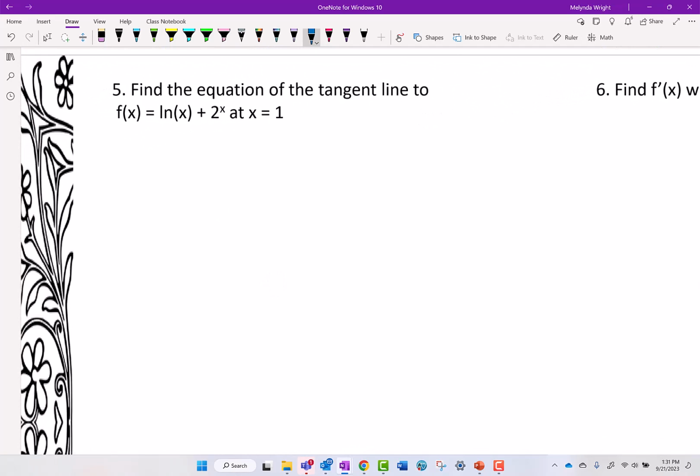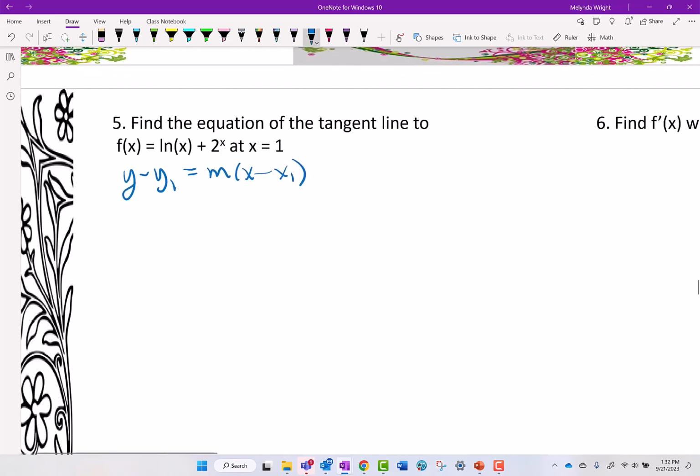So here we go. We're going to find the equation of the tangent line. We have done this before, and we'll keep doing it over and over again. So we use my favorite equation of the line, y minus y1 equals m times x minus x1.